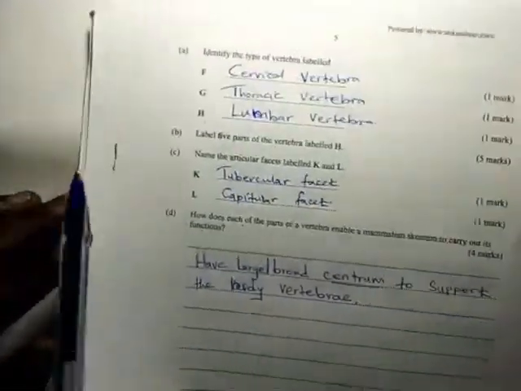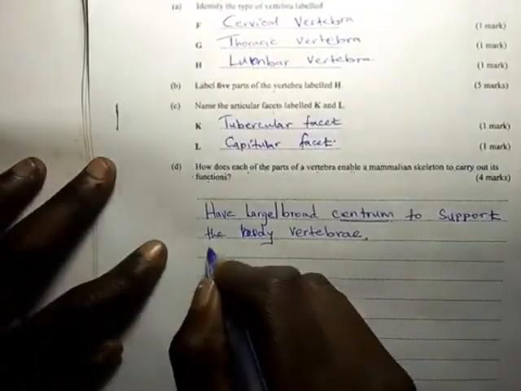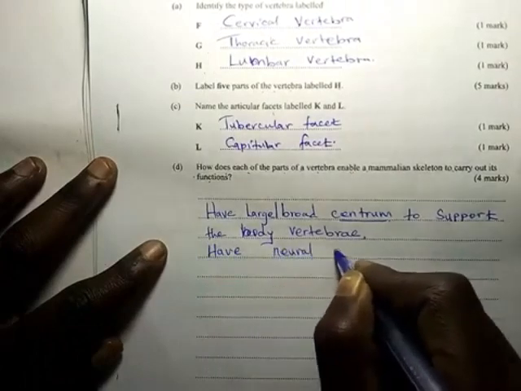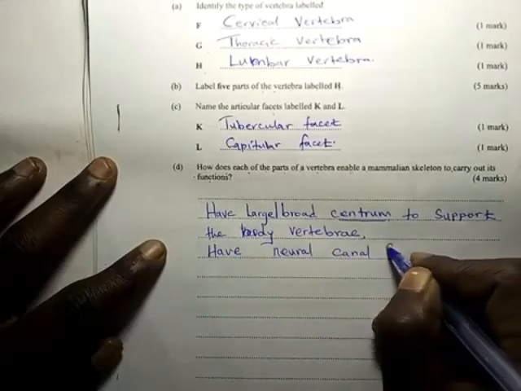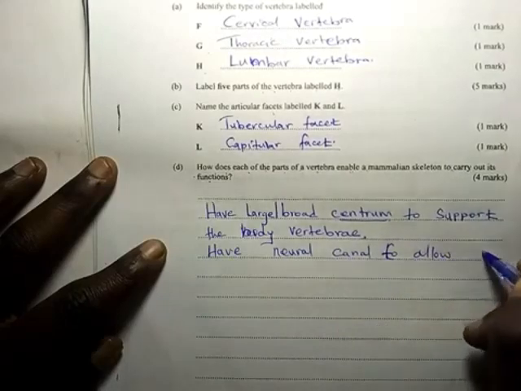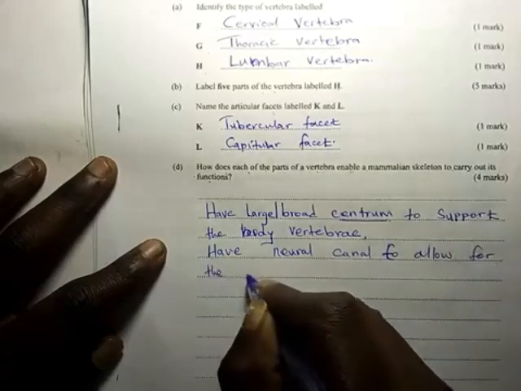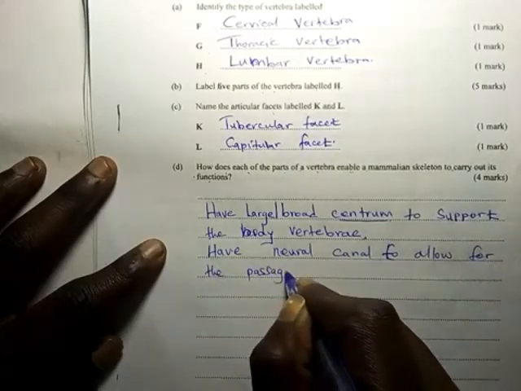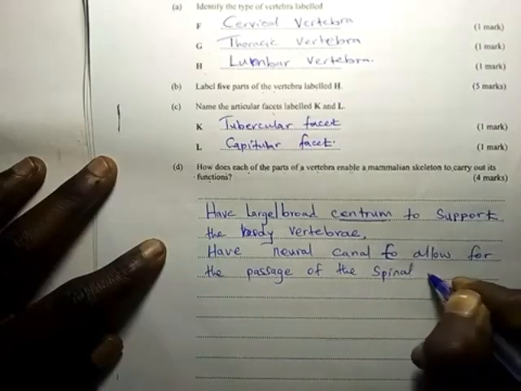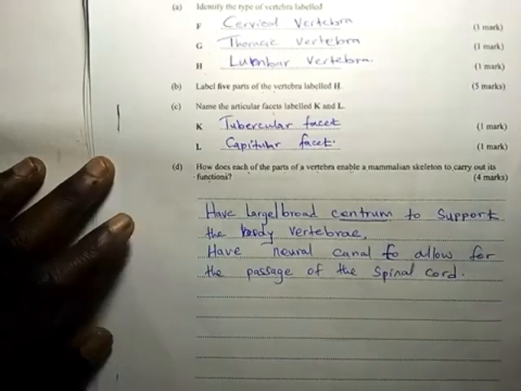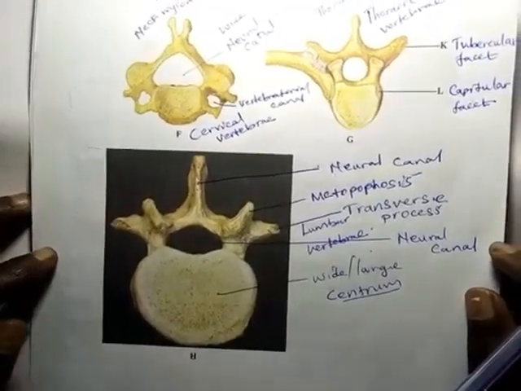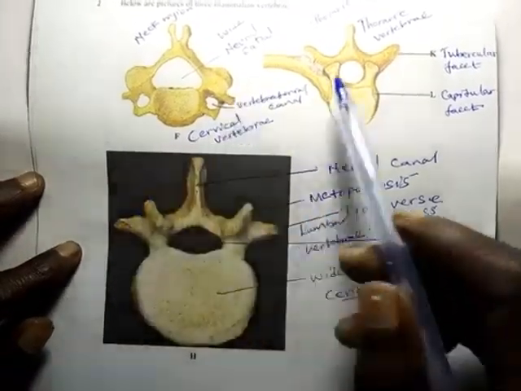Now you say they have a neural canal to allow for the passage of the spinal cord. Finish.